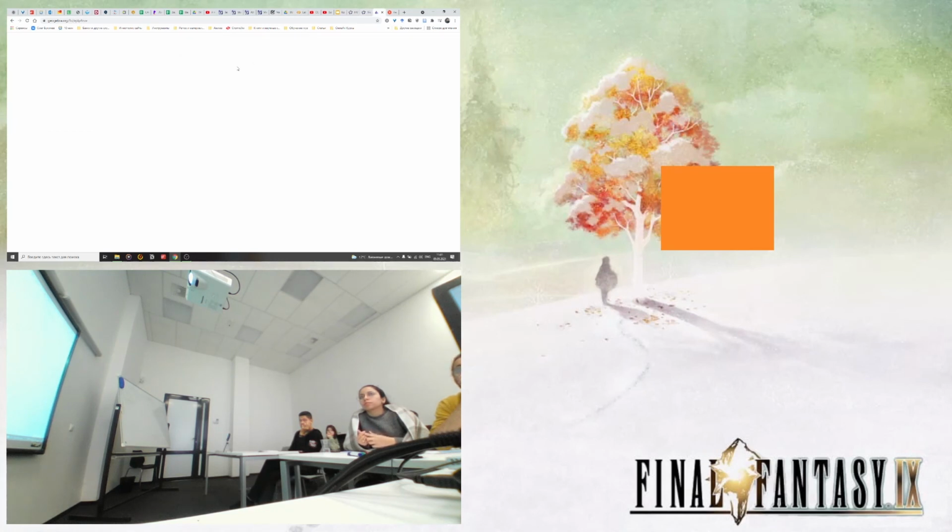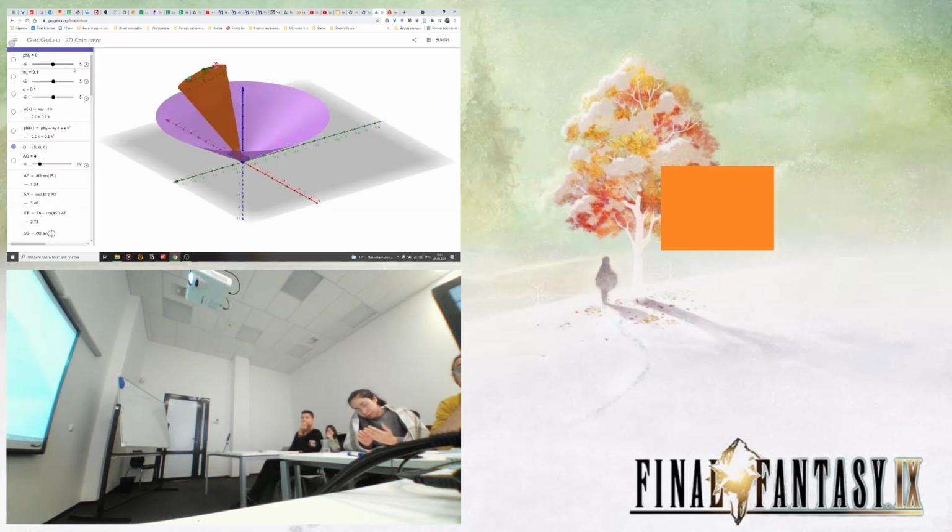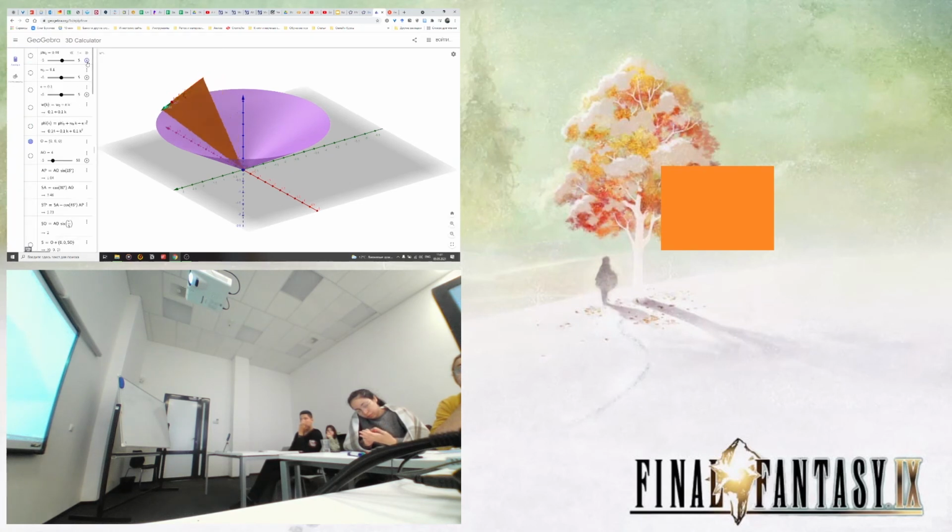What else in 3D? As I mentioned, it's challenging, but you may see that it rotates and the velocity is also changing.